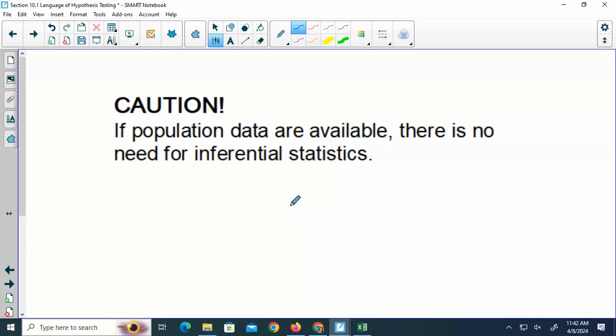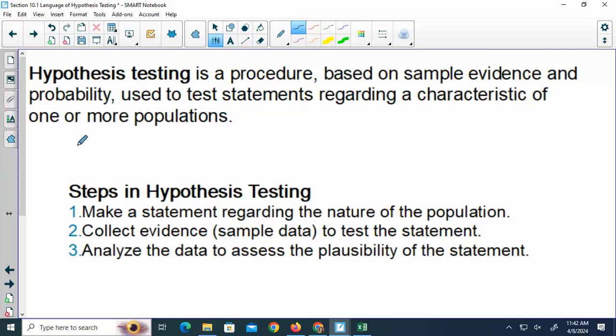So if we're dealing with sample data and we're trying to make some generalization about the whole population. If you can get the population data, then you would want to go straight to that point. So hypothesis testing is basically the process where we have some kind of evidence and probability, and we are testing statements about a population.